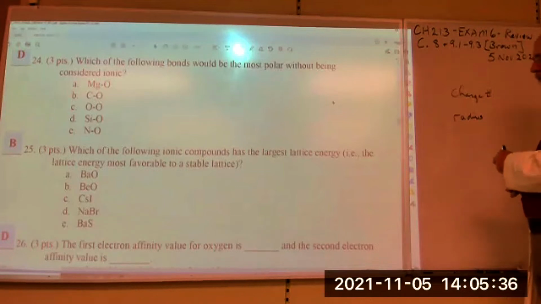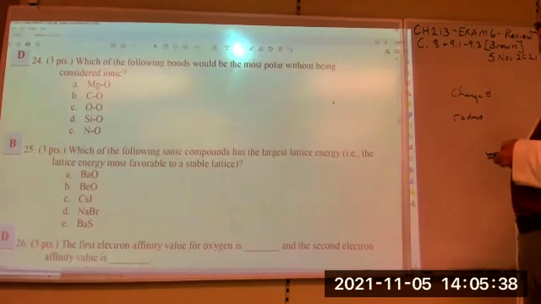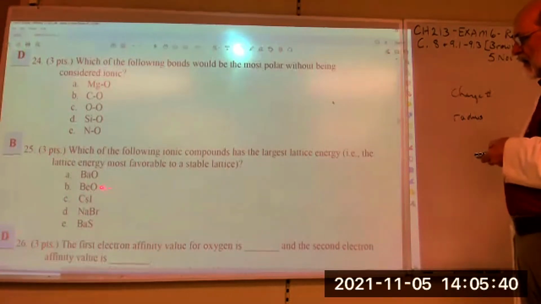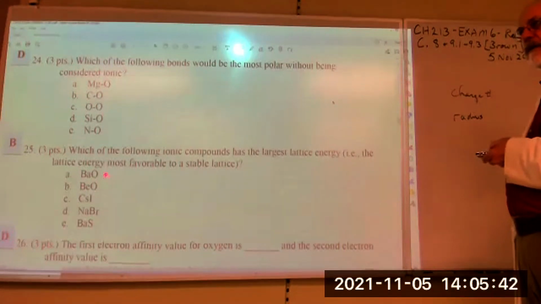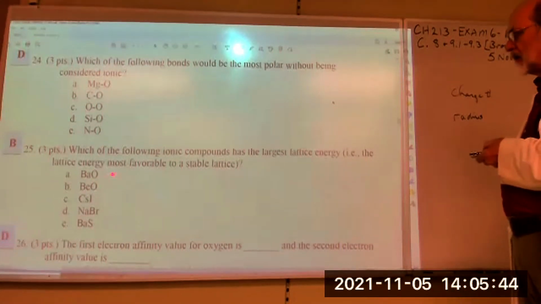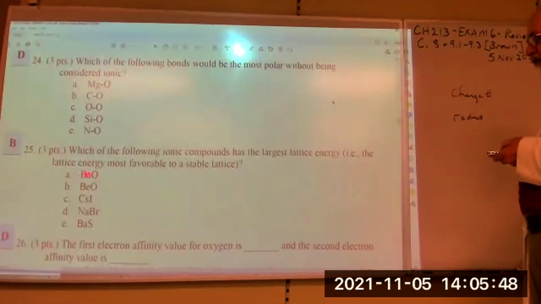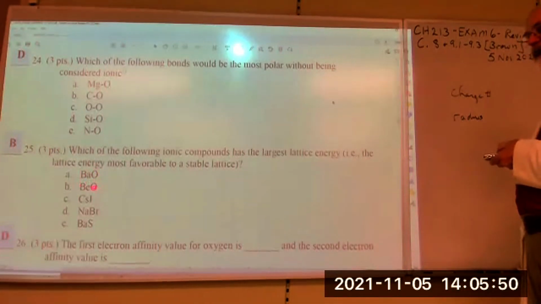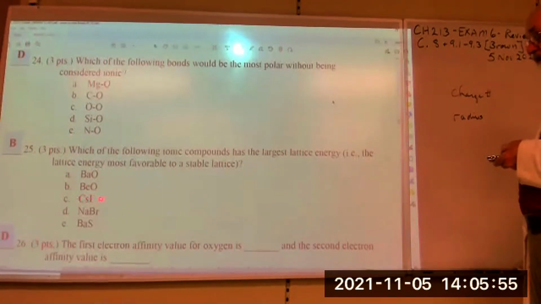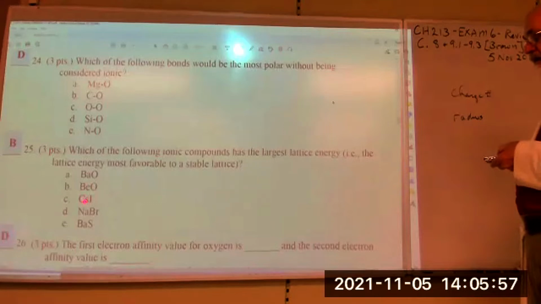So if we look at that and we say, all right, let's see, barium is okay, right? This is -2, this is +2, -2, +2, -2, +1, -1, and they're big, so they're very far apart.